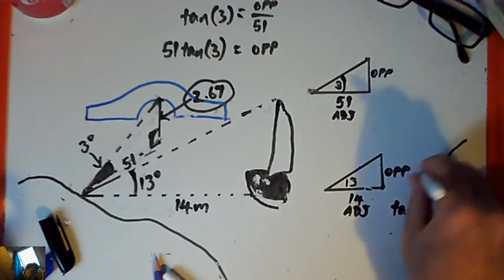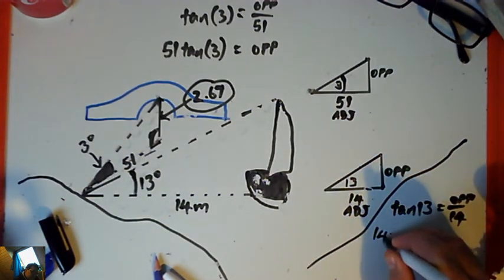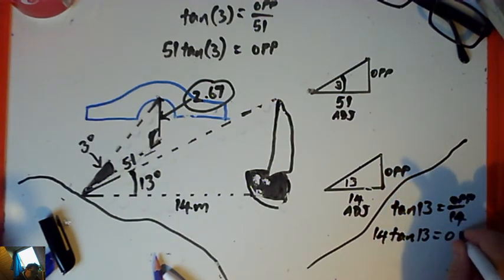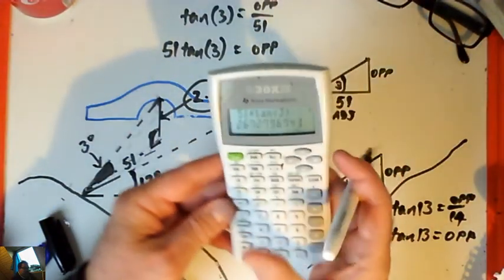Okay, so 14 times the tan of 13 degrees gives you the opposite side. Let's work that out on the calculator.